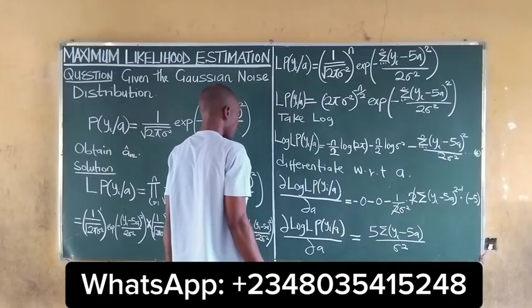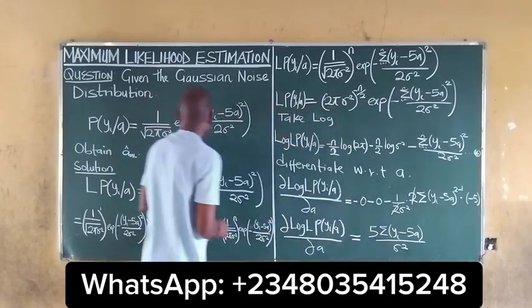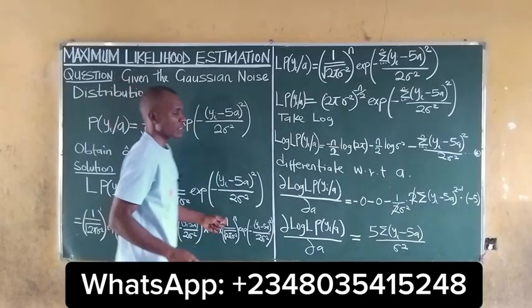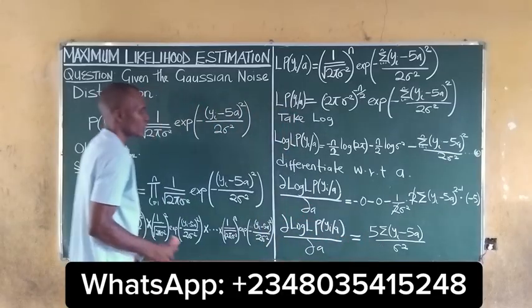So this is what we get. The next thing to do is to equate the whole of these to 0.